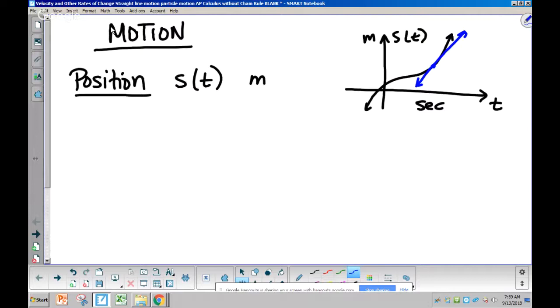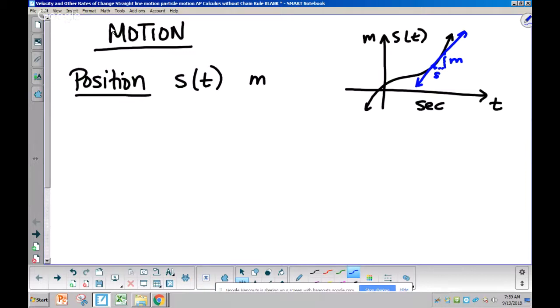The slope of the tangent line has a slope of rise over run, and the rise is in what units? Meters. And the run is in seconds. So the slope of the tangent line, its units will be meters per second. Well, meters per second, we all are familiar with, I hope, is velocity.